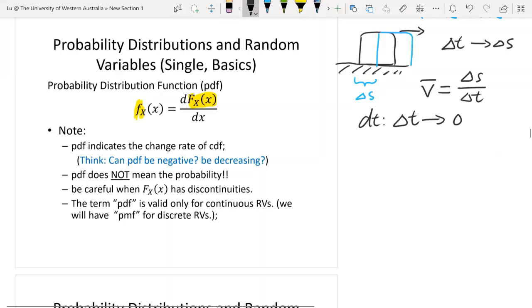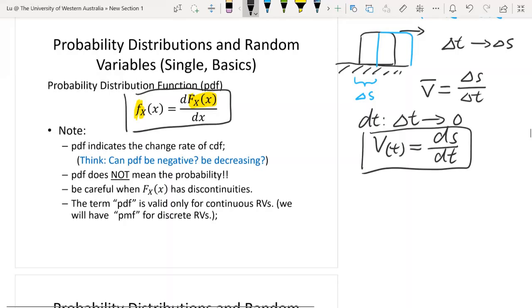By using ds and dt, the velocity, or instantaneous velocity, of the package at the time t can be evaluated as the ratio between ds and dt. This relationship between the so-called velocity and displacement is so similar to our definition of the PDF function. So these two have the same format.